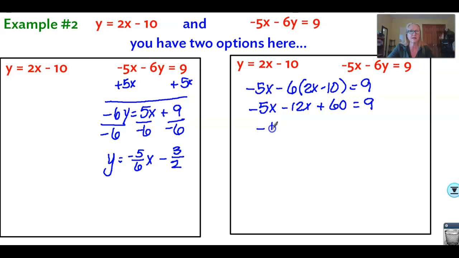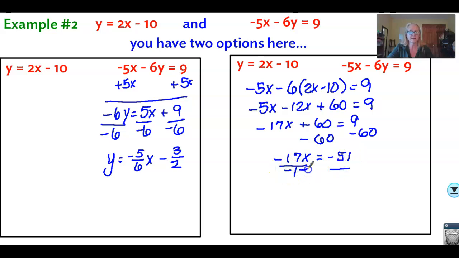Combine like terms. Negative 17x plus 60 equals 9. Not pretty, but still not a fraction. Subtract 60 from both sides, and we get negative 17x equals negative 51. And if you divide both sides by negative 17, you get x is 3.